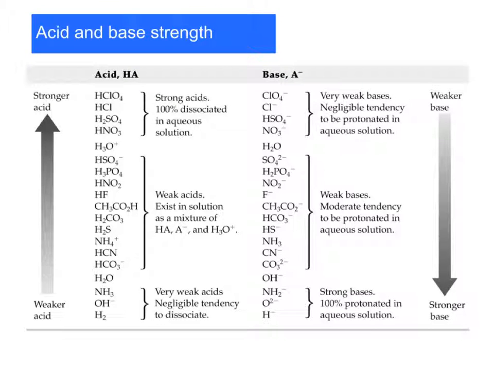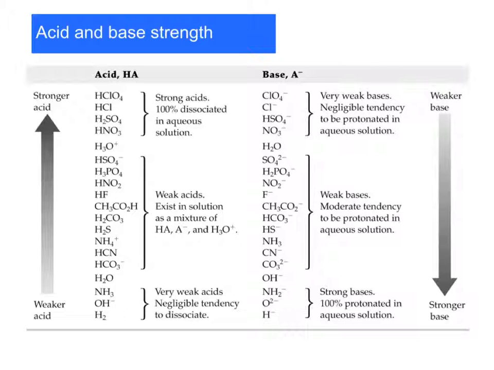Right, and so this is just a table which you can find in your book, and it tells you about the strength of acids compared to each other. So at the top here we have acids that are very strong. They dissociate 100% when they dissolve in water, and then down this end of the chart we have weaker acids.